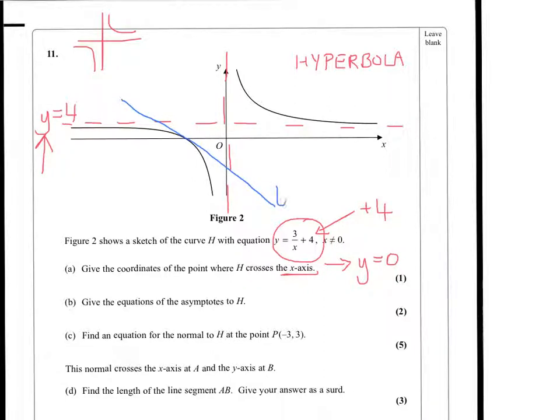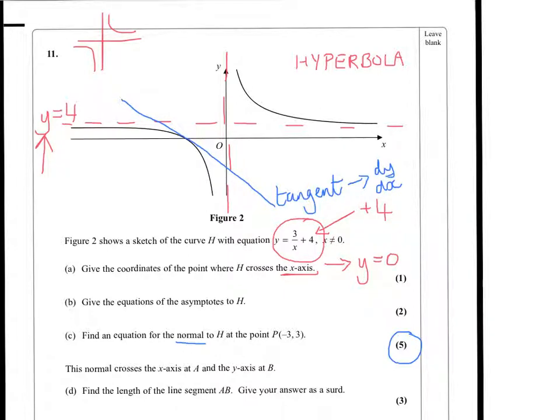That's the tangent, don't get mixed up, but we've got to find the normal. It's a curve, so if we want to find the gradient of the curve, the tangent is dy by dx. Now if you notice, that's worth 5 marks, there's a lot there to do.